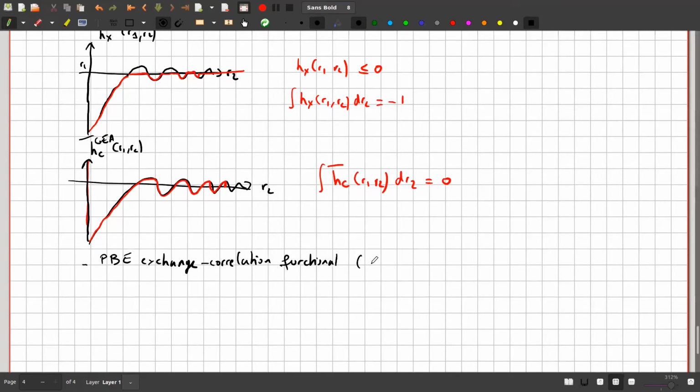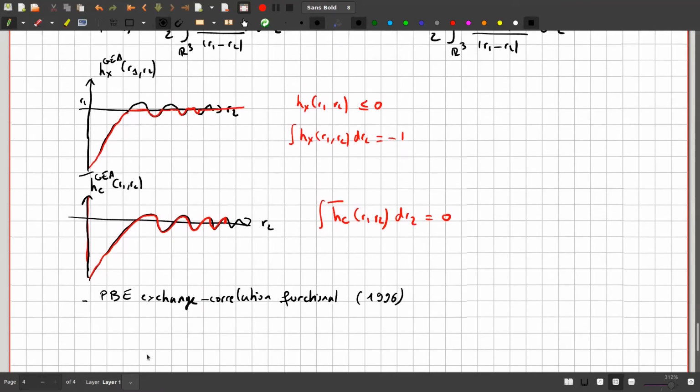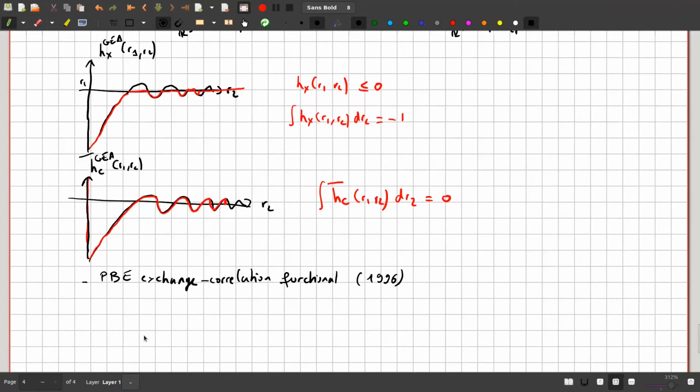So it was proposed in 1996. This is a simplification of PW91, where now the functions for the exchange and correlation energy densities are much simpler functions of rho and the gradient of rho. And they chose to enforce fewer exact conditions, but still there are no fitted parameters.